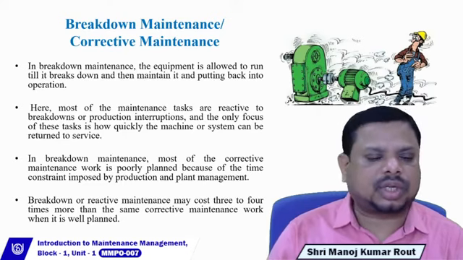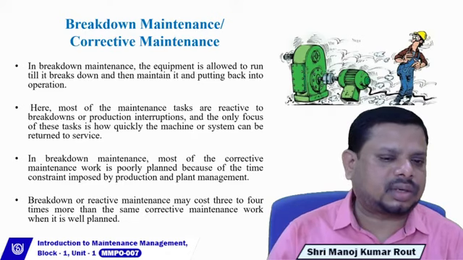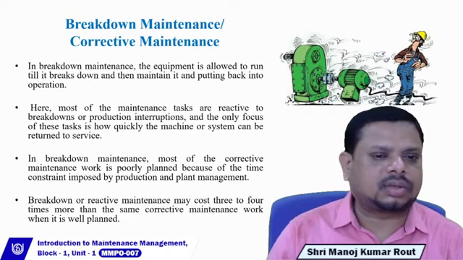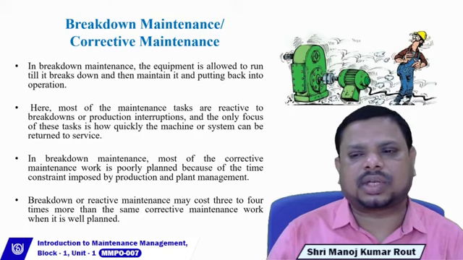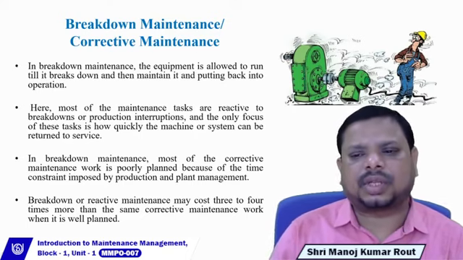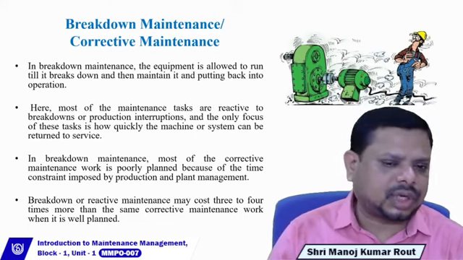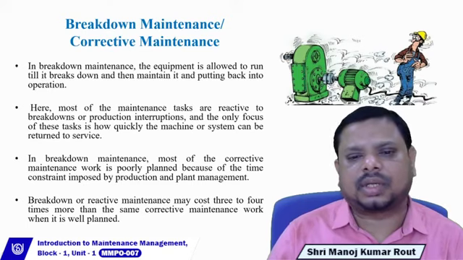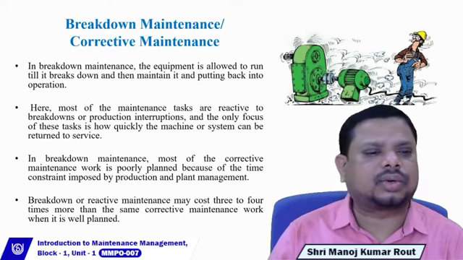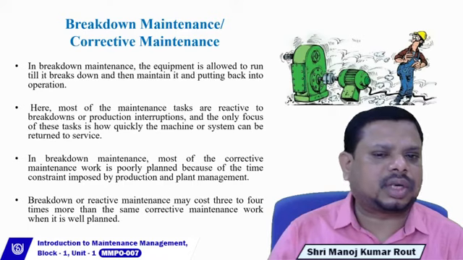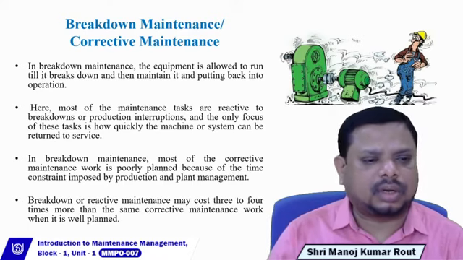We observe this in most cases in Indian industry sectors. Breakdown maintenance basically happens when the machine has failed. In the presence of a large number of skilled workers, this can be easily fixed and they can directly restore it to the same condition so that the operation is not interrupted.